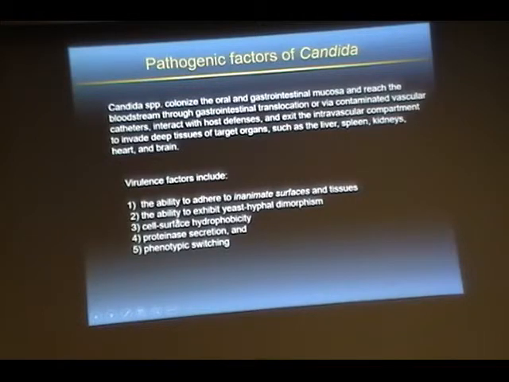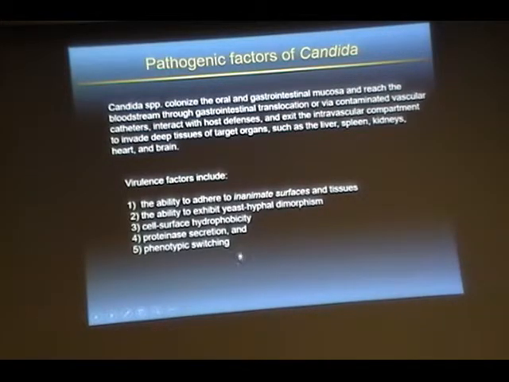The other important thing is they have dimorphism. That means they can exist in two forms. One is yeast, and the other is the hyphal form. When it's in yeast form, it's non-invasive. When it's in hyphal form, it is invasive. Okay, so as long as it's yeast, we don't have any infection, and its ability to transform into hyphal form lets it invade the internal tissues, and that is one of the virulence factors.